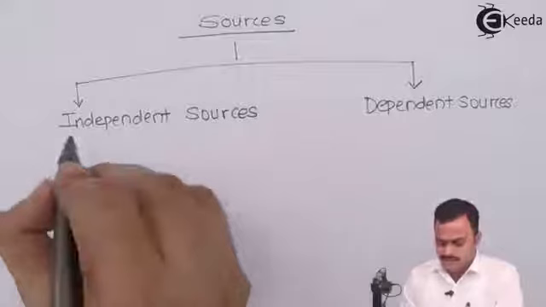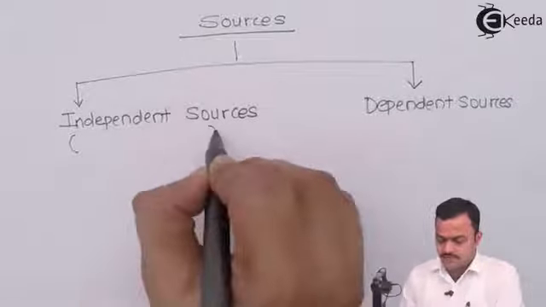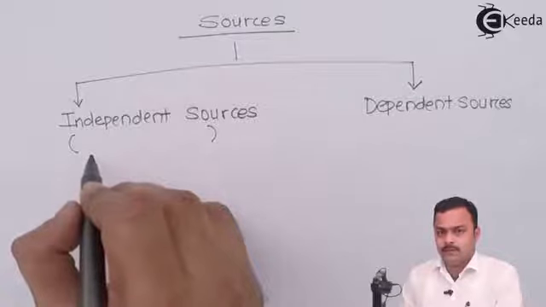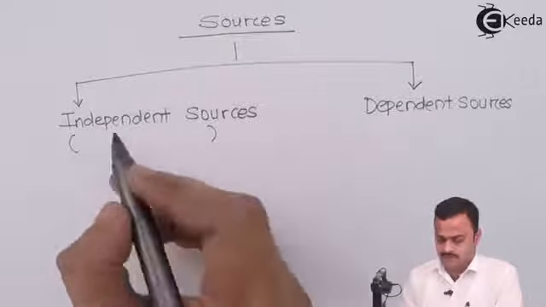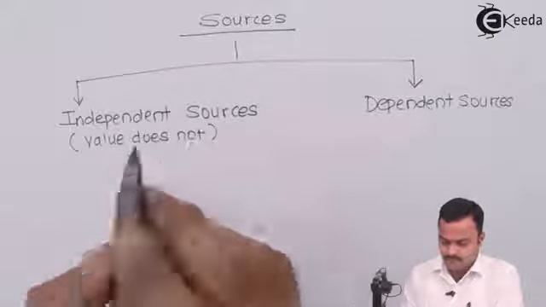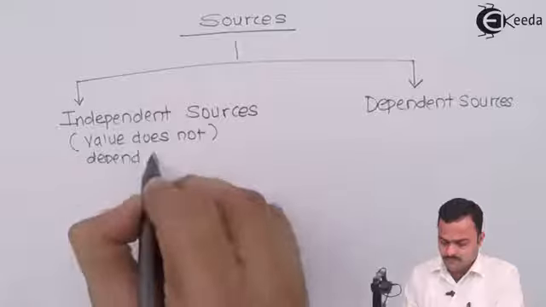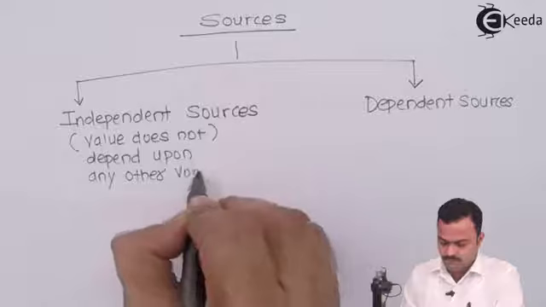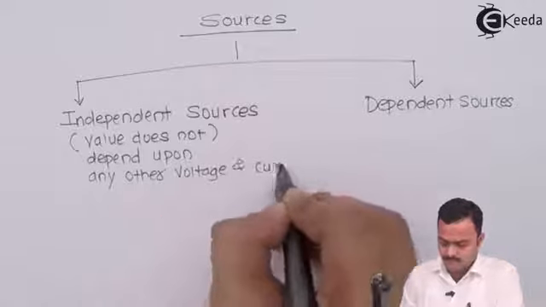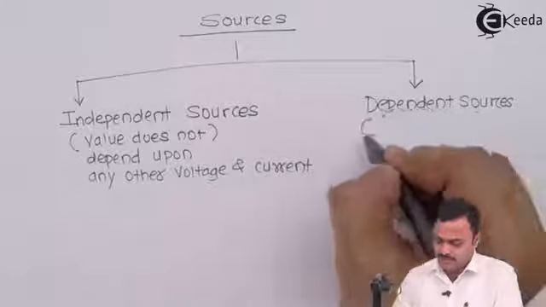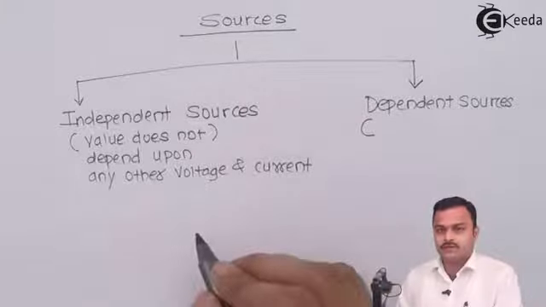As the name suggests, an independent source is a constant source whose value does not depend upon any other voltage or current. Whereas in dependent sources, the value of the source does depend upon some other voltage or current.